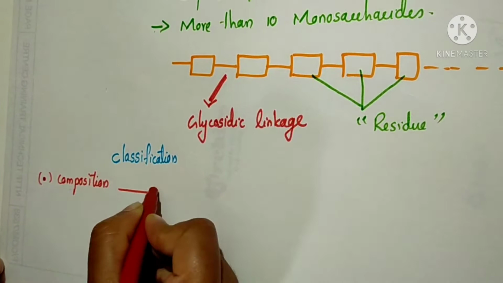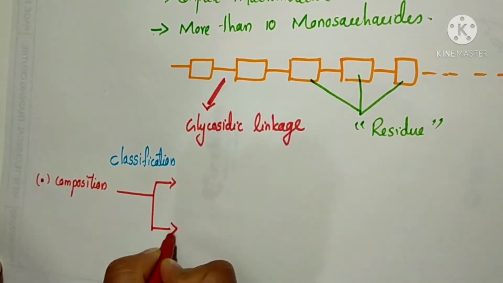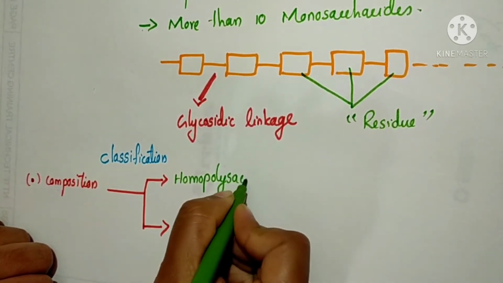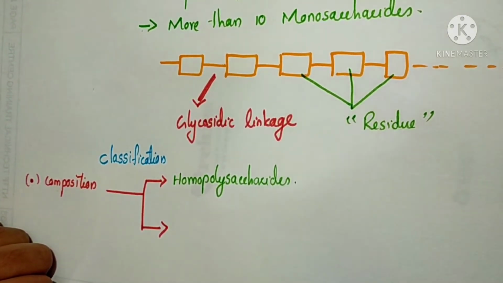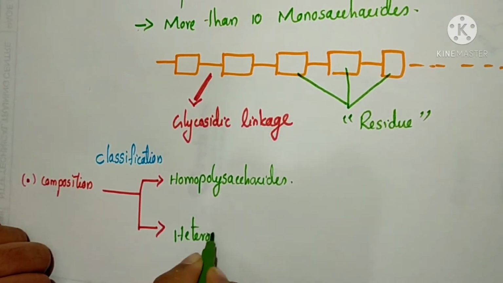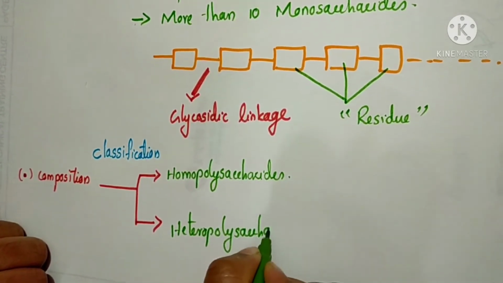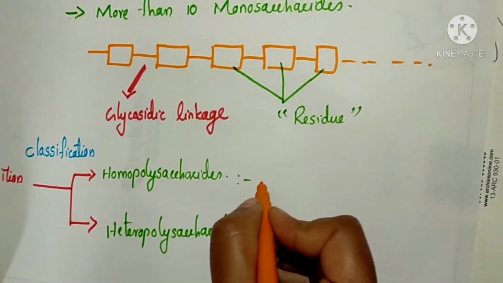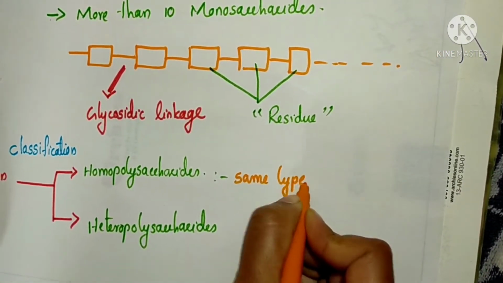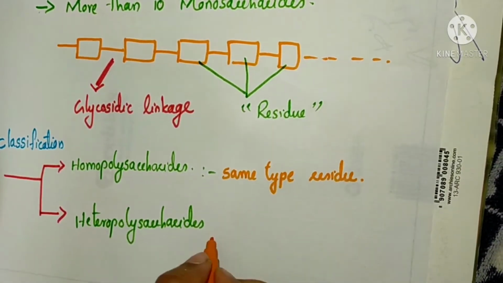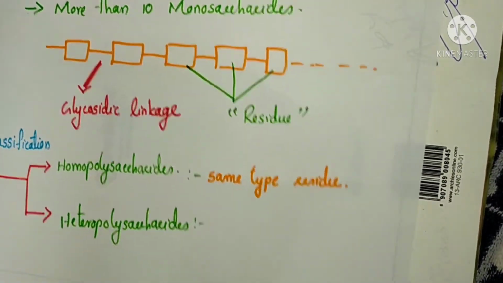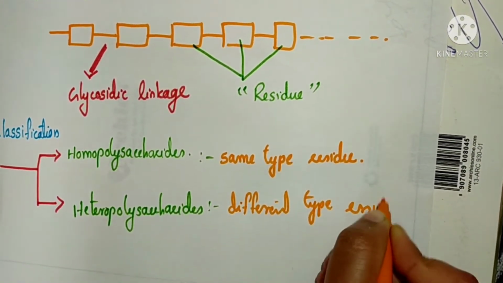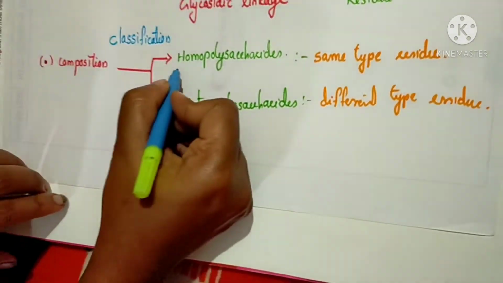Based on their composition, polysaccharides are mainly classified into two categories: homopolysaccharides and heteropolysaccharides. Homopolysaccharides are made up of the same type of residues or monosaccharide units, and heteropolysaccharides are made up of different types of residues or monosaccharides.